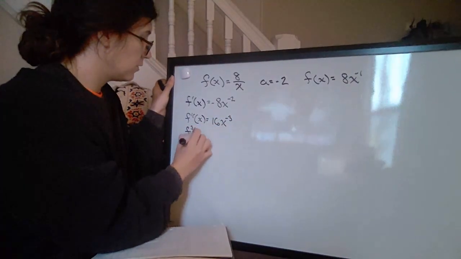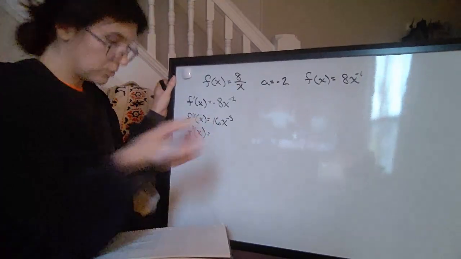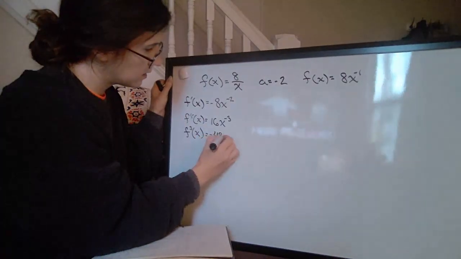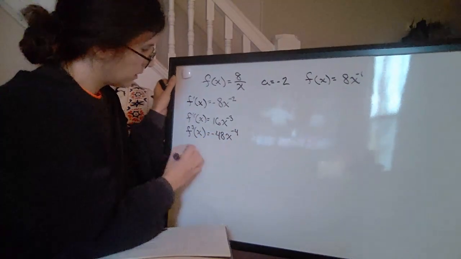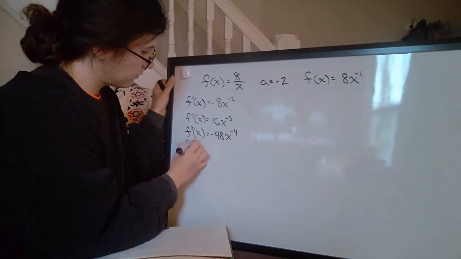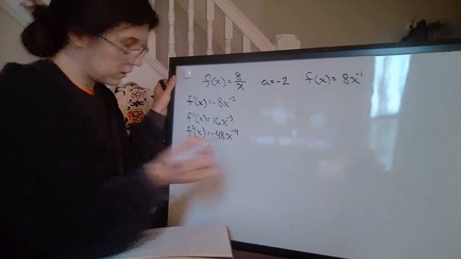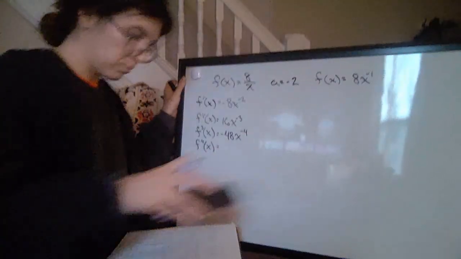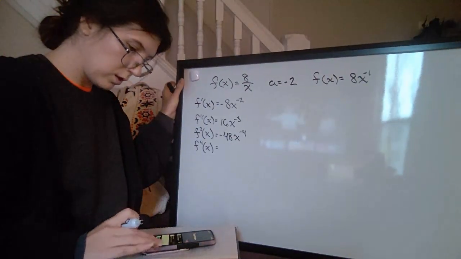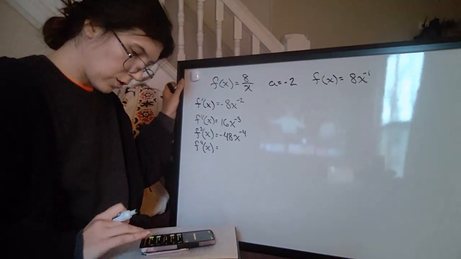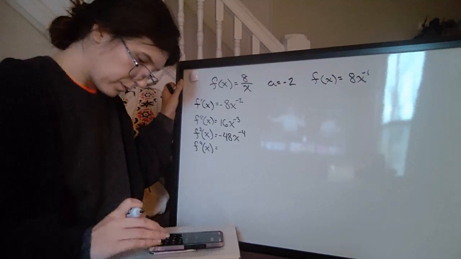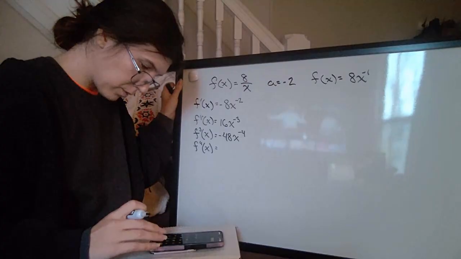The third derivative is going to be, I think I did this already, yep, -48x to the -4. And then our fourth derivative is going to be positive. I'll triple check this, but I must have done this in the calculator, just so we don't have anything messed up.